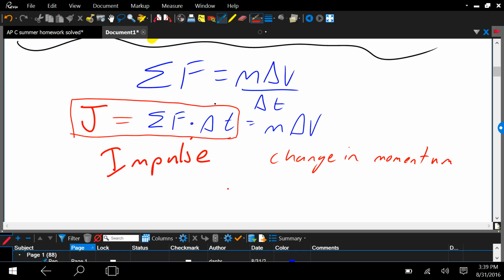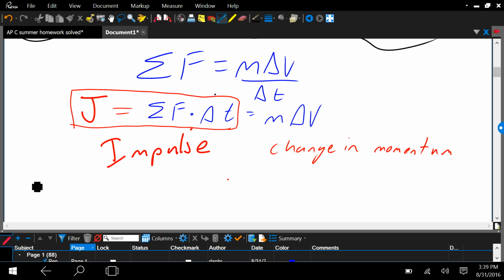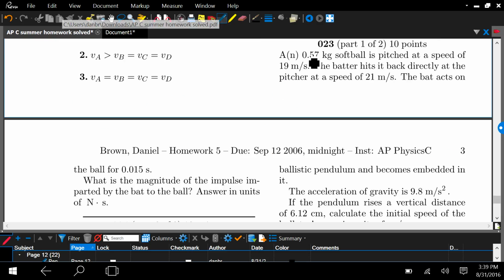All right, so let's go ahead and take a look at this little softball problem. It wants to know what is the impulse given to the ball. And in these problems, you either have enough information to solve for the left-hand side or the right-hand side right away, but usually not both. So as we look at the given quantities in this problem, I see I have a mass in kilograms.